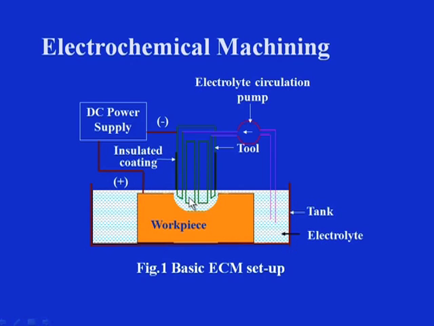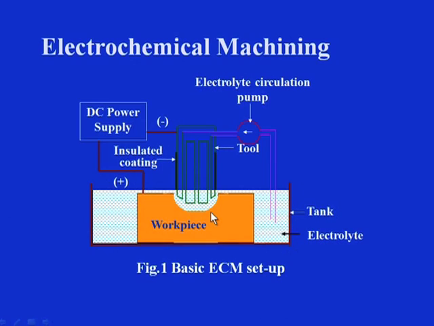So, this is the tool and this is the workpiece, between which there will be a gap, that is also called the inter electrode gap. This gap will be maintained and continuously filled by the electrolyte. We will come to the details about the electrolyte, its characteristics and the conventionally used electrolytes in this process.